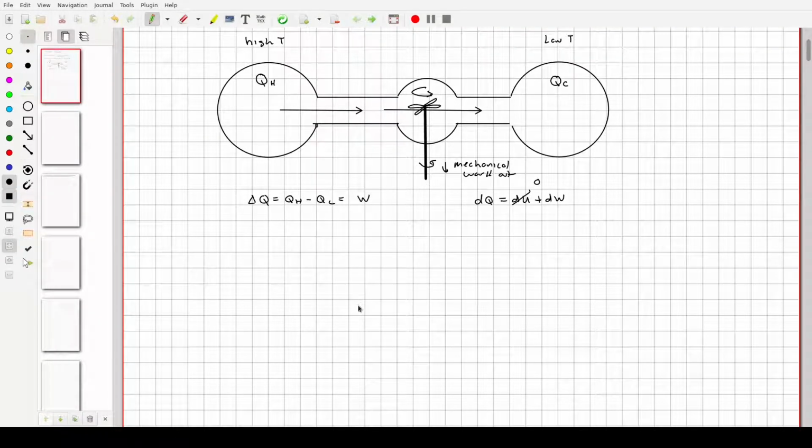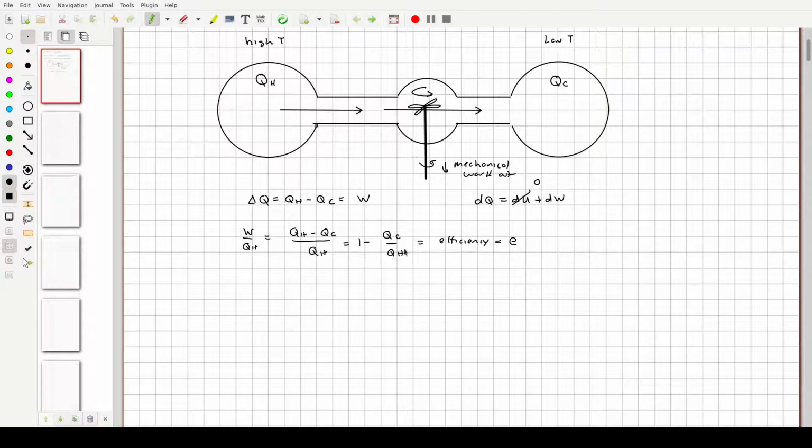Now, if I were to divide both sides by QH, that's what I get right there. We call this efficiency, and usually a lowercase e is how we denote it.